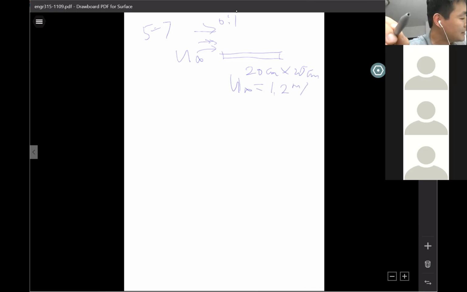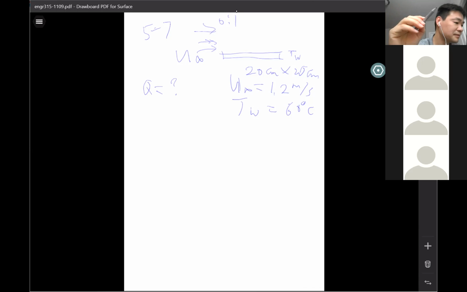The plate is heated with uniform temperature, 60 degrees Celsius, constant T wall. So it's an isothermal condition, which is easier in calculation. Calculate the total heat loss by the plate. So how do we do it?